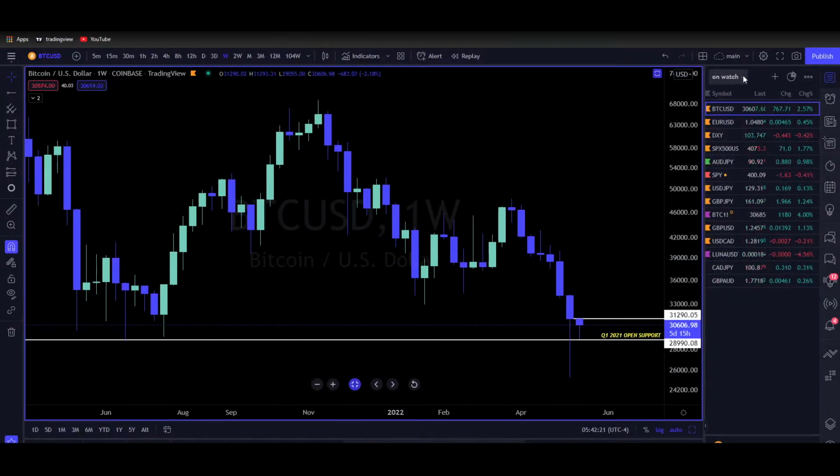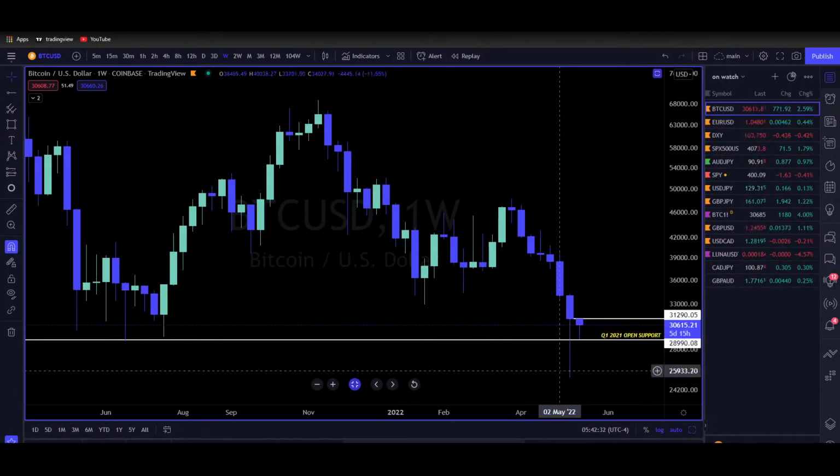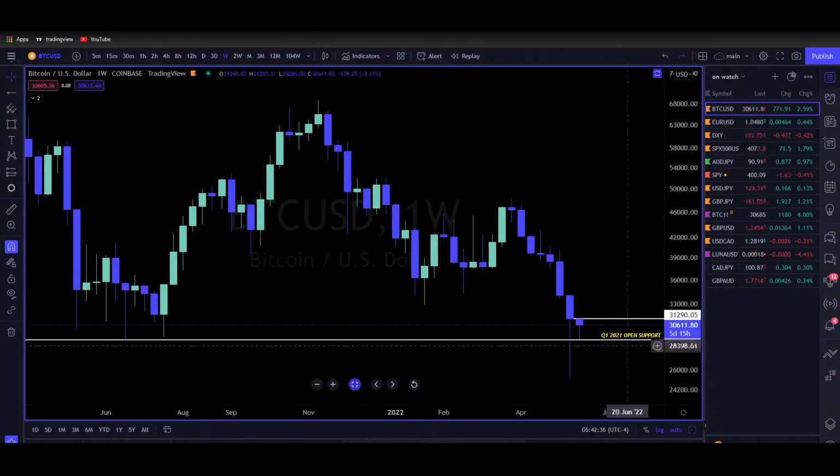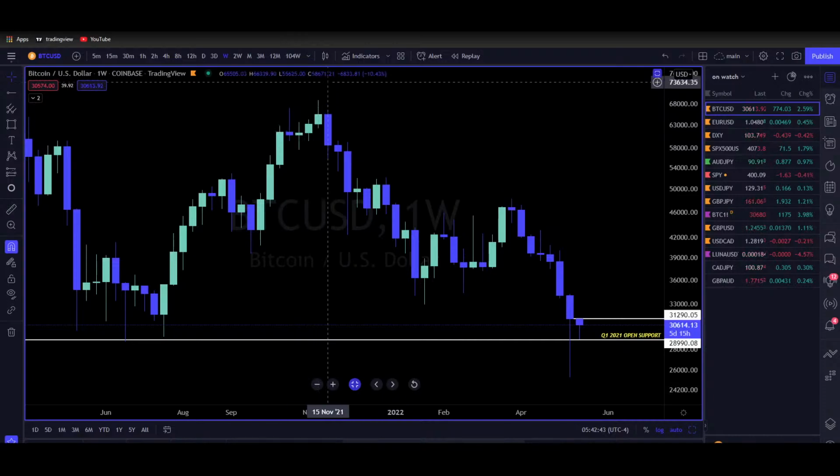All right, but this isn't anything new. That chart is new to me, but it specifically doesn't mean much to me because this is what we were looking for. We were looking for our target of 26K to get hit because that was an exact perfect measured move off of your main expansion or your main decline from the fresh all-time high.